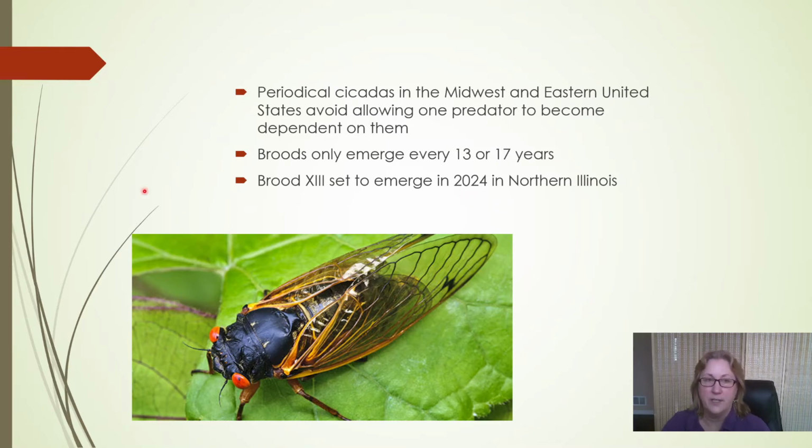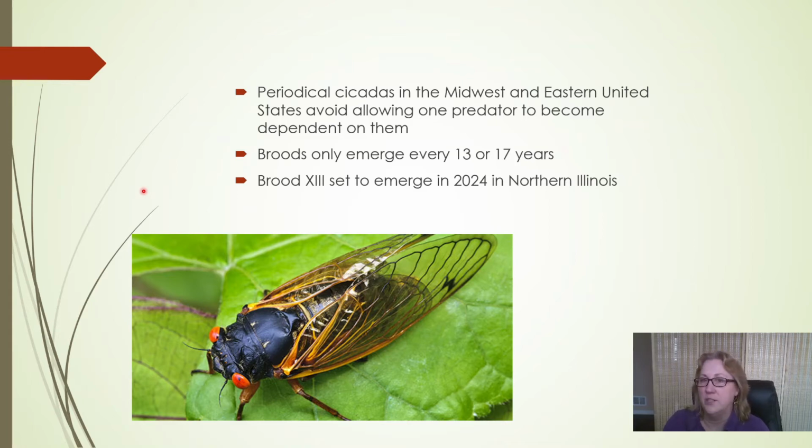Last summer in 2020, because of course, 2020 was the year of weirdness, some 17-year cicadas emerged early in places in the Chicago area. And the question is, were there enough of them to escape the predators and lay enough eggs that we're going to see them again 4 years early with the next emergence?